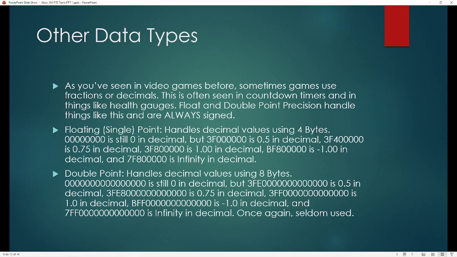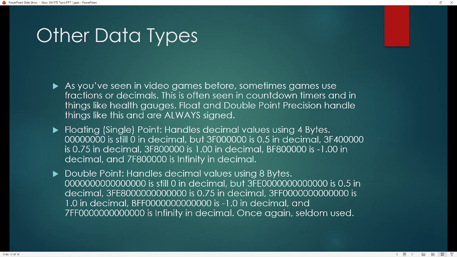This isn't always what a health bar is, but sometimes if your 4 byte, 2 byte, and 1 byte searches aren't working, you might be dealing with a float or a double. If you've ever seen decimals in game, or fractions in game, you know you're dealing with one of these.